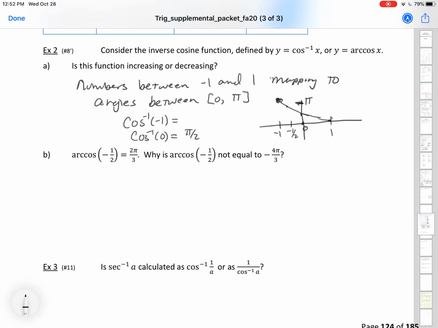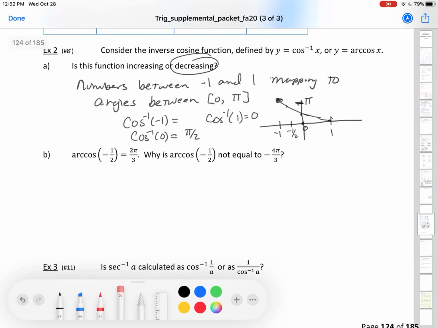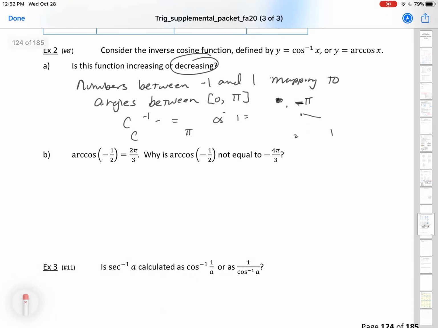There'll be better pictures, but it's decreasing for sure, because the cosine inverse of 1 is equal to 0. This means that the cosine of 0 is 1. And so we're having to think in reverse, which is really good. Let me get rid of all this little chicken scratch and we can focus on this better problem.